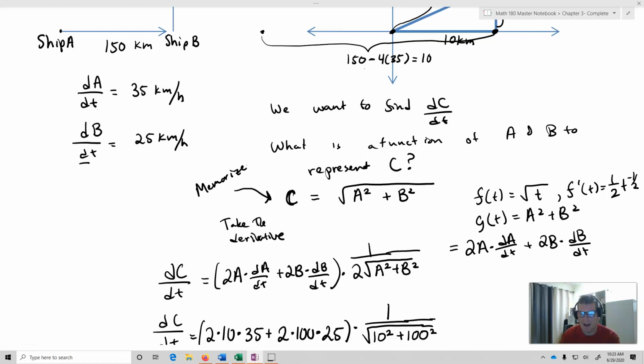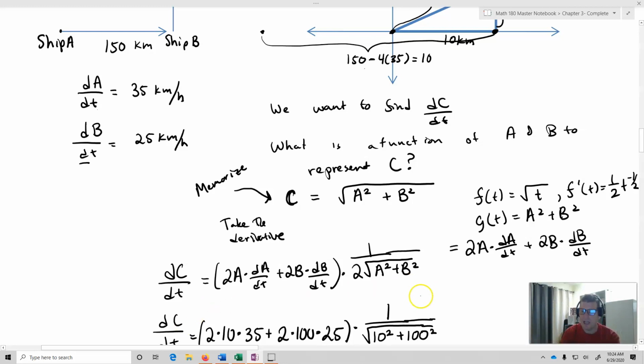So now I have C in terms of A and B. C equals the square root of A squared plus B squared, which is great because I already know A, I already know B, I know dA dt, and I know dB dt. Since I know all of those, all it requires now is to take my formula and differentiate.